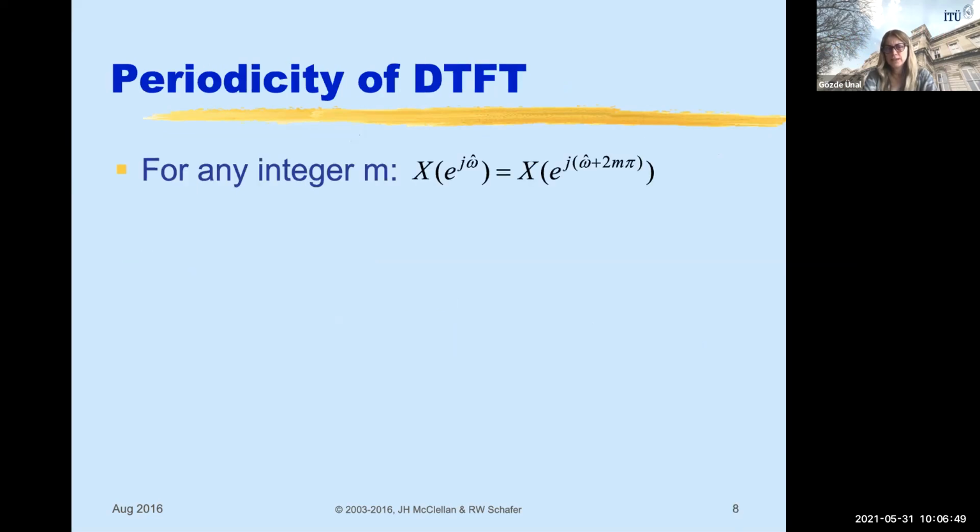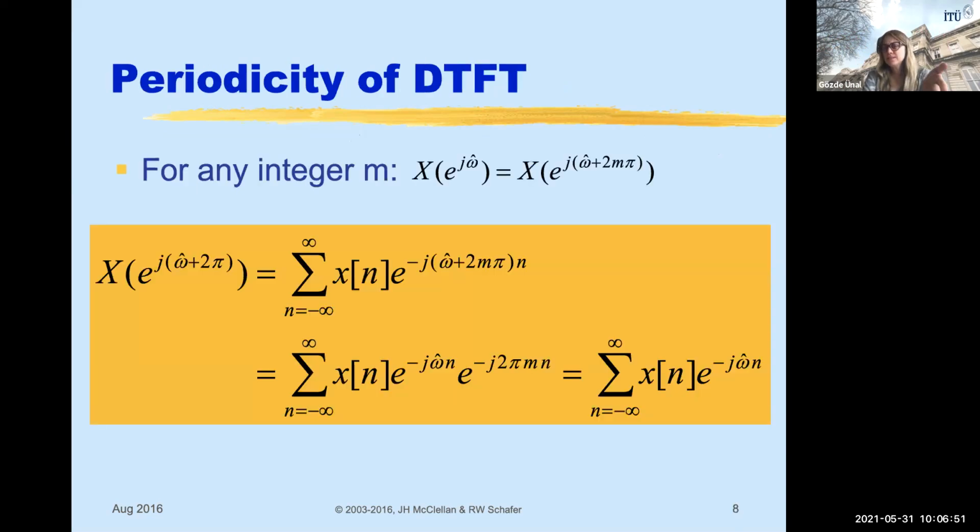The inverse must be unique, exactly. Periodicity is shown here. I was talking about it a few slides ago. Add multiples of 2 pi to your omega hat, you're going to end up with the same spectrum. So the discrete time Fourier transform is periodic with period 2 pi.